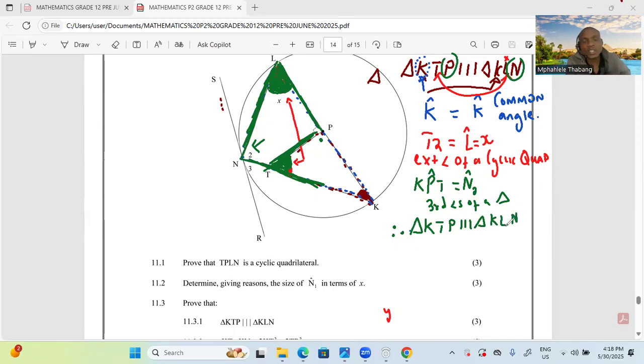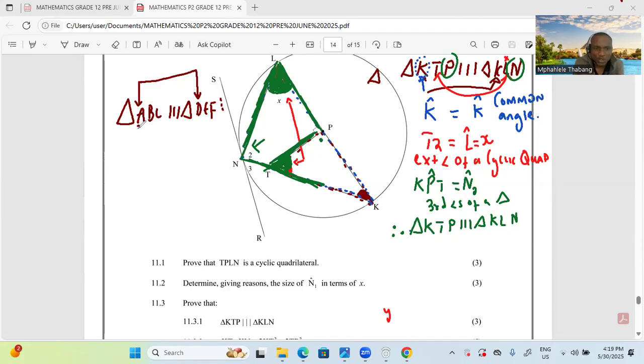So you just focus on showing us that we have got angles that are equal. This is how you prove similarity of triangles. I'm just summarizing, concluding on it. If I say to you, prove that triangle ABC is similar to triangle DEF, your focus is on showing me angles that are equal. Angle A in triangle ABC must be equal to D in triangle DEF.